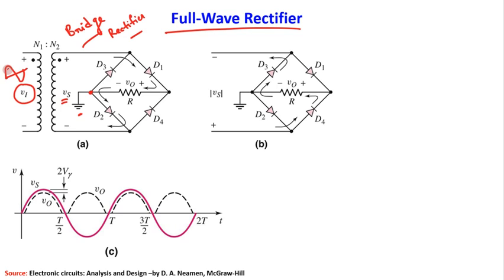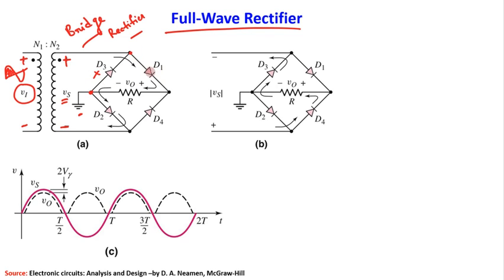During this positive cycle, this is plus, this is minus. When this is plus, if you look at D3, this positive terminal is connected with the N side, so obviously D3 is now off. But what about D1?